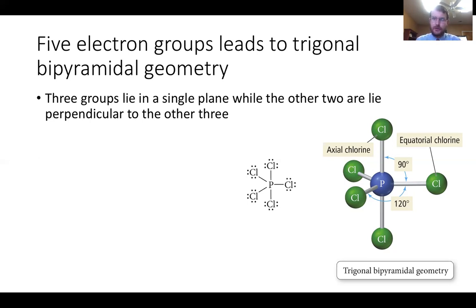So instead of a trigonal planar, we have a trigonal bipyramidal. If we imagine drawing lines from the equatorial chlorines to the axial chlorines, we would have a pyramid on top and a pyramid on the bottom, and that's why we have a bipyramidal geometry. And that is 5 electron groups around the central atom.